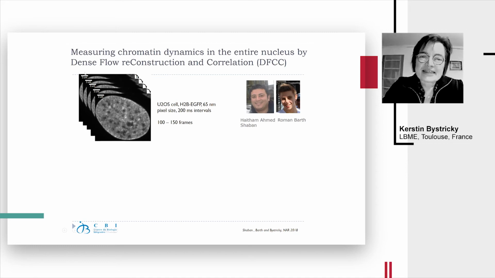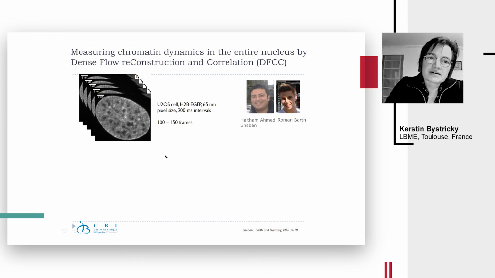What Itham set out to do is image whole genome motion. You can do this using either H2B-GFP or tagged DNA. And then we do this over 100 to 150 frames with a 200 millisecond interval. This is just normal spinning disk imaging. It's not high resolution and it's dense molecular labeling.